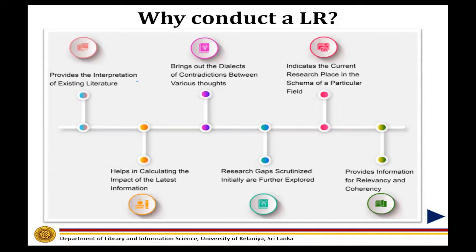And the next one is, the literature review helps us to identify the current research's place in the schema of the particular field. If I am going to do a study on information literacy, then I should know where my research is going to be placed in the existing literature.